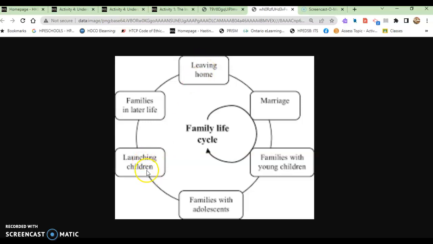The way that the cycle works is that you start your own family, you have children, those children go on to start adulthood, and you're left as an individual or a couple without kids as they have left or launched the house. That's why I'm connecting these two: children leave the home, and by leaving home, they then start their own life cycle.